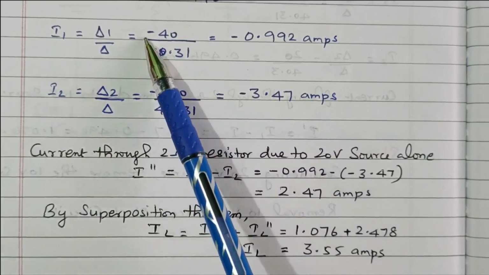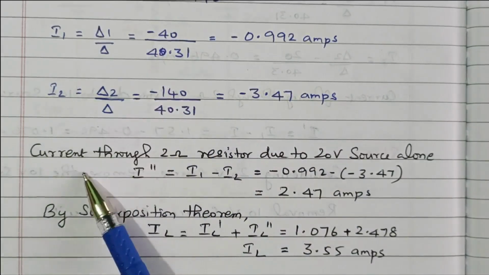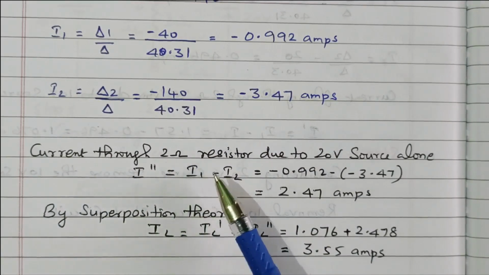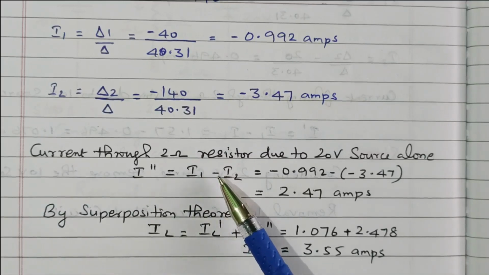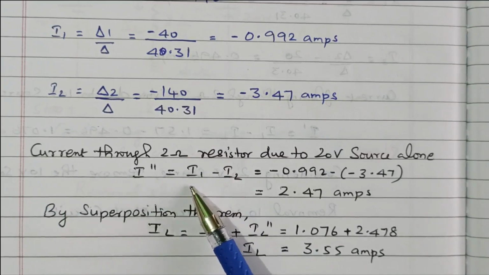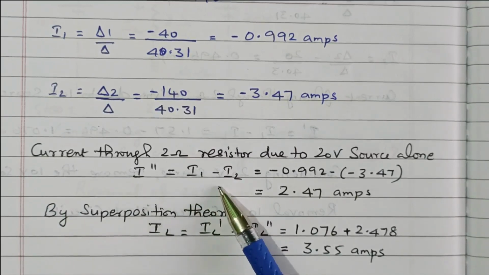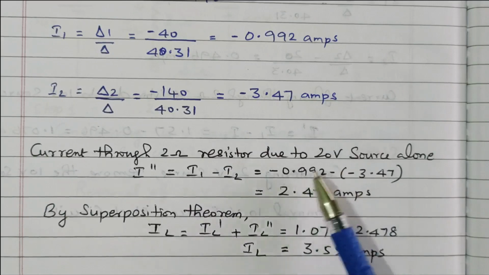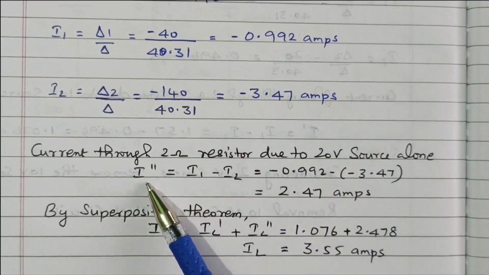Now we have calculated I1 and I2. What is the current flowing through the 2 ohm resistor? We already discussed that two currents are flowing. I1 is flowing downwards, I2 is flowing upwards. So the current is the difference between I1 and I2. Due to the 20 volt source, we take it as I double dash. I dash means the current flowing through the 2 ohm resistor due to the 10 volt source.